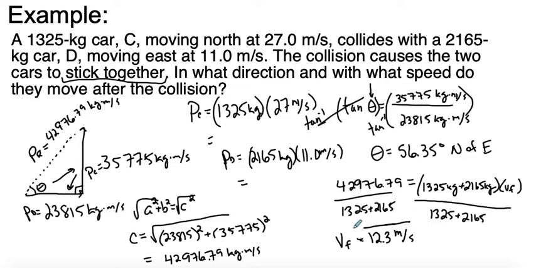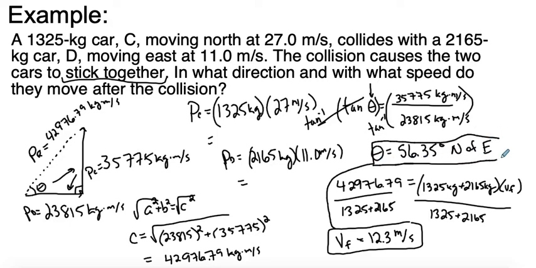So after they run into each other and crash and stick together, the system will be going 12.3 meters per second at an angle of 56.35 degrees north of east. So you can see that these problems can take quite a bit of work.